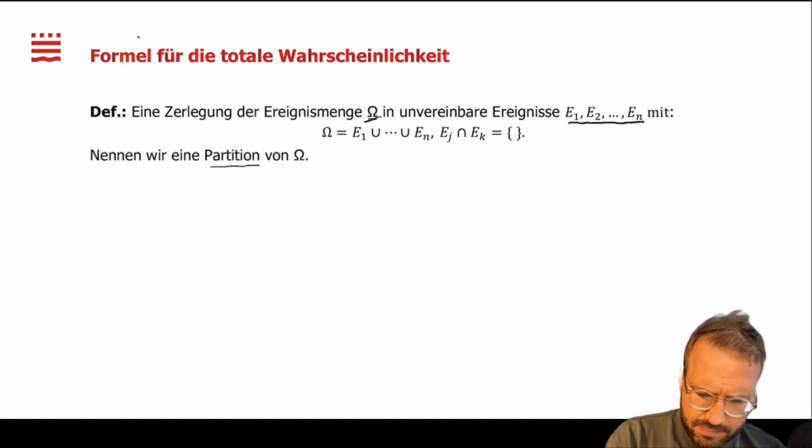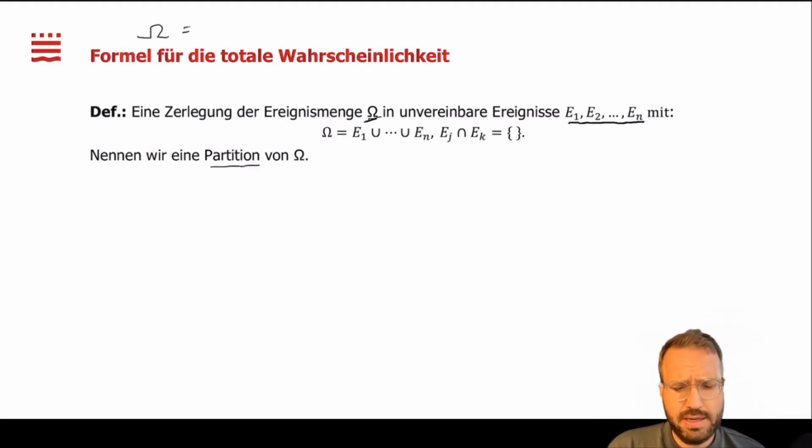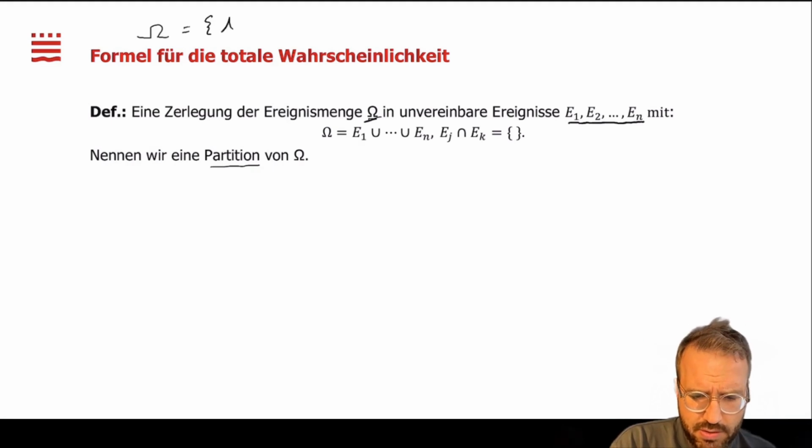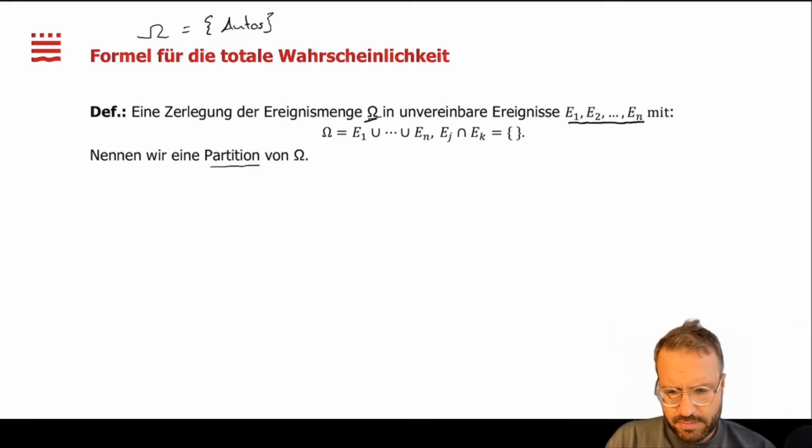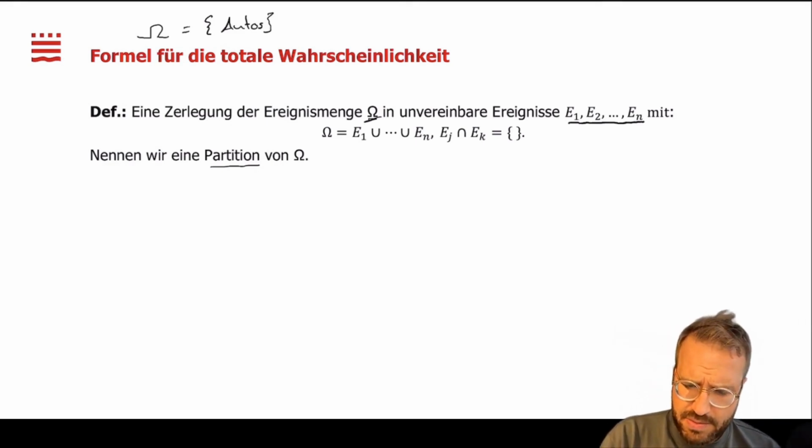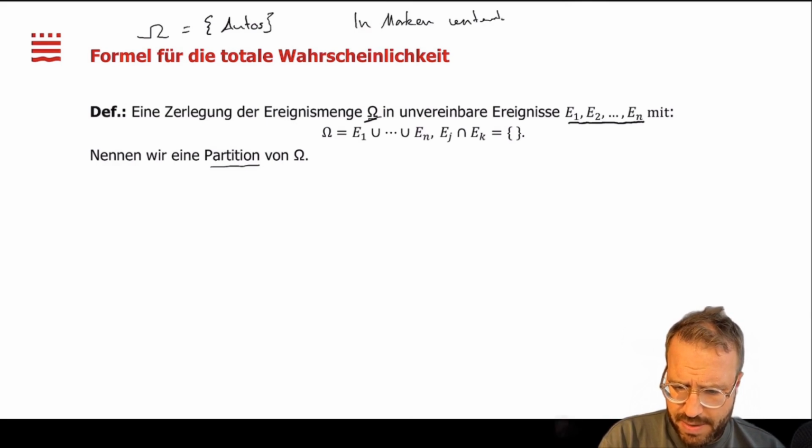Imagine omega. You are a car dealer, and omega is the set of all cars. Then, a partition might potentially be that you divide the set of cars into brands, for example, or categories. Imagine this.